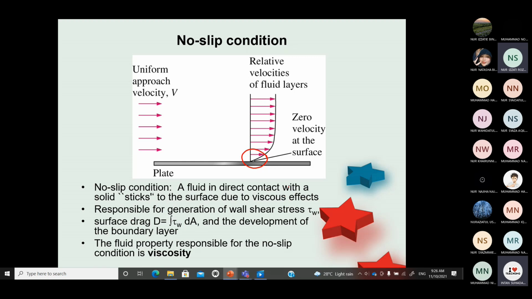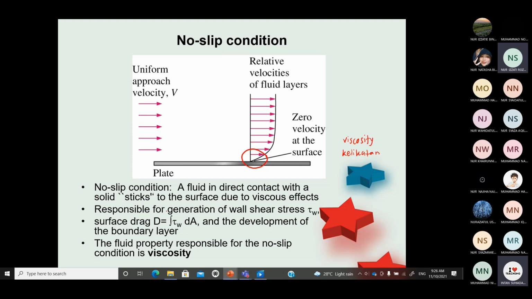What is viscosity? Viscosity means kelikatan, in Malay we say kelikatan, likat. So when your fluid is in direct contact with the solid, it will stick to the surface because of the viscous effect.